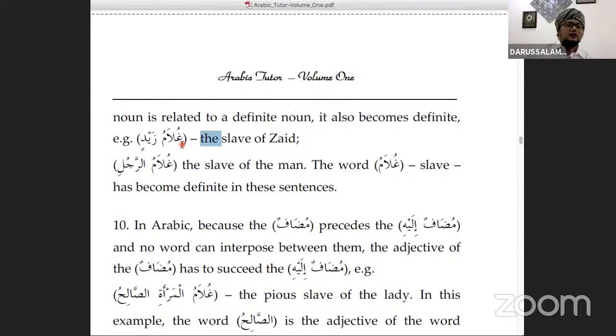Alhamdulillah. Good. Same thing with the next bit. Ar-rajul. Ma'rifah or nakirah? Ma'rifah. How is it ma'rifah?